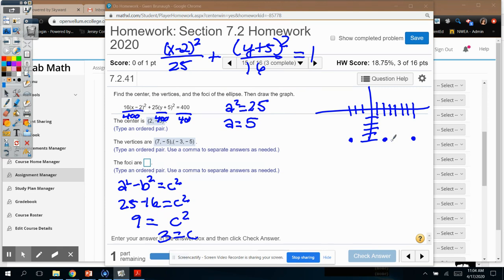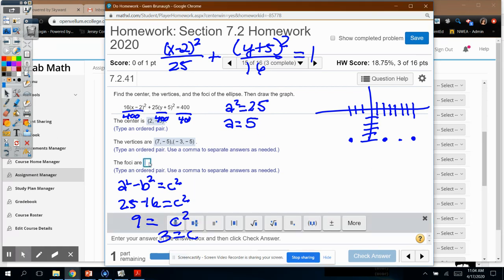So now I have to go 1, 2, 3 over. So 2 plus 3 is 5, -5. And then I was at 2, and if I go to the left 3, I would be at -1, -5.